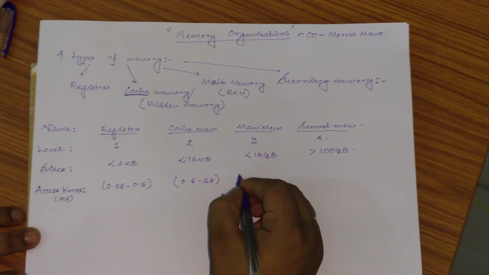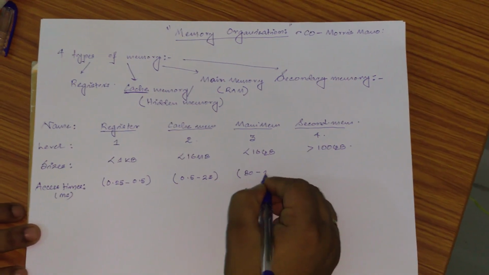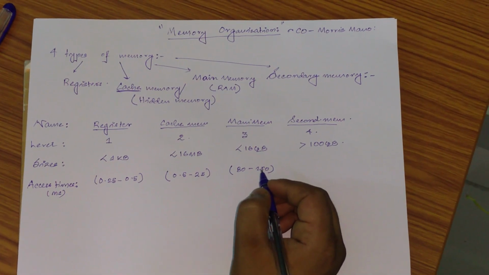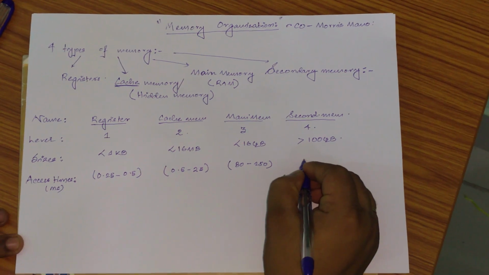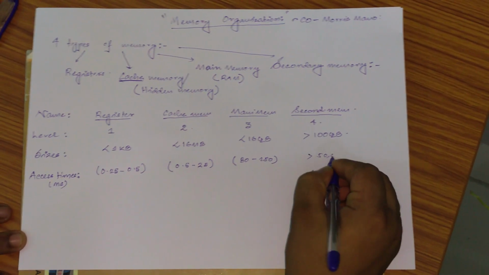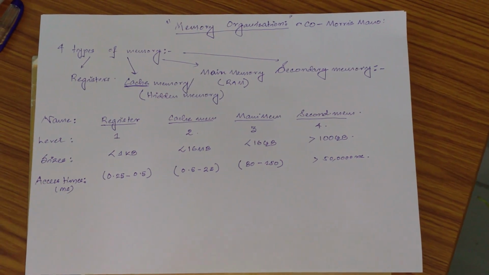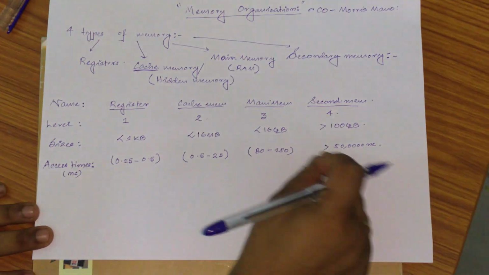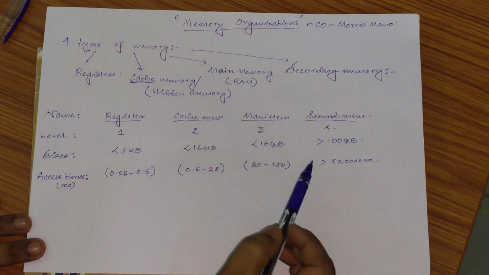In main memory, it is typically from 80 to 250 nanoseconds. And finally, for the secondary memory, it is more than, say, 50, meaning it is very big actually. So as we can see, slowly the access time is increasing, and the size is also increasing one by one.